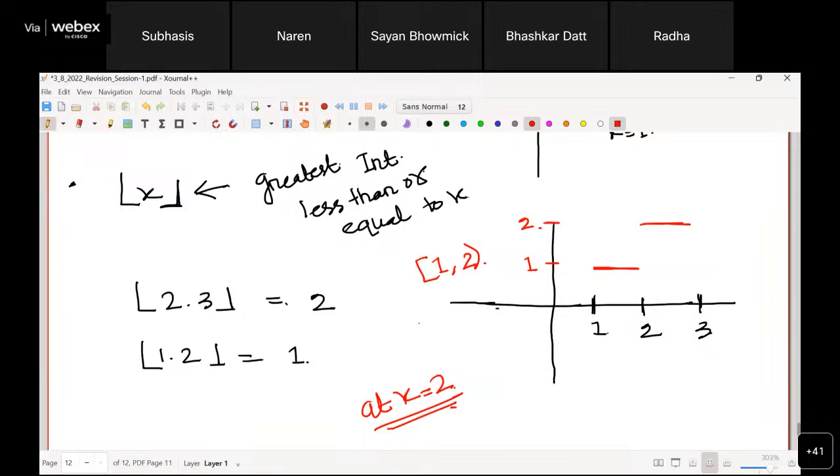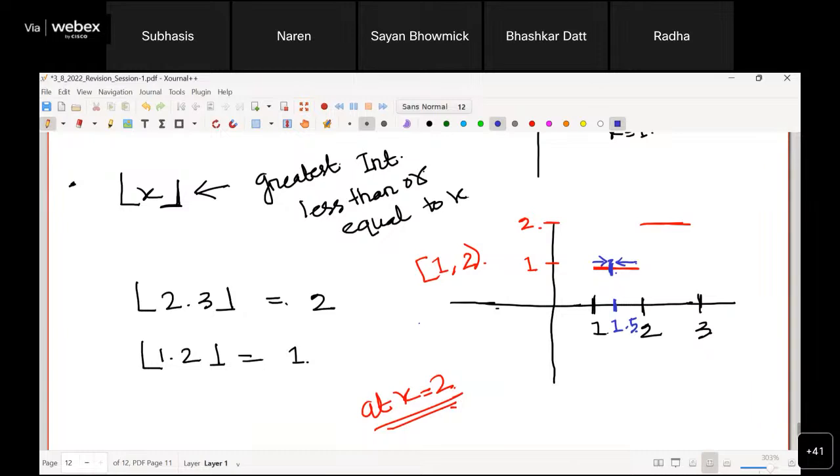You should remember that it's not differentiable or continuous at the integer points. But if you check a non-integer point, let's say 1.5, the left hand limit and right hand limit are the same.